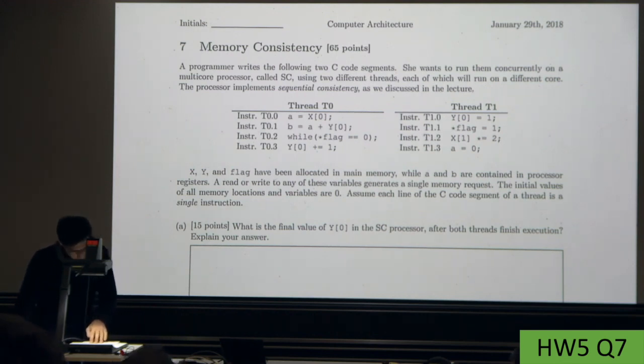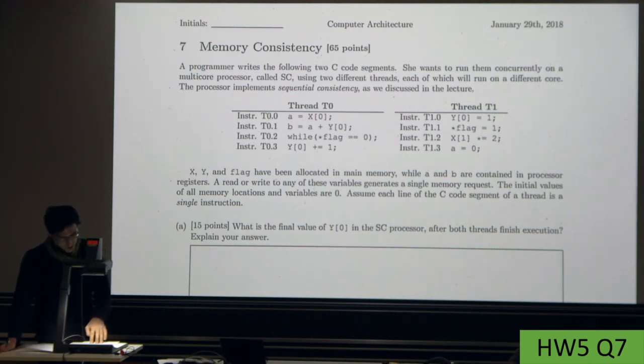And then part A asks what's the final value of Y0 in the SC processor after both threads finish execution. Explain your answer.